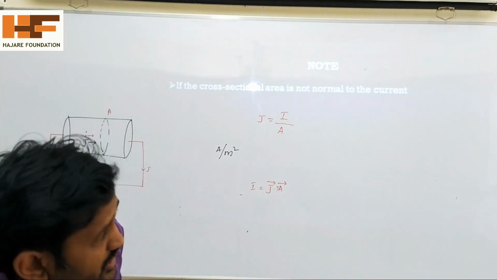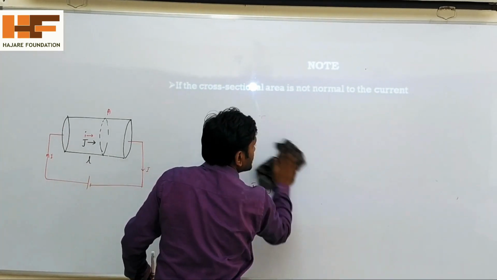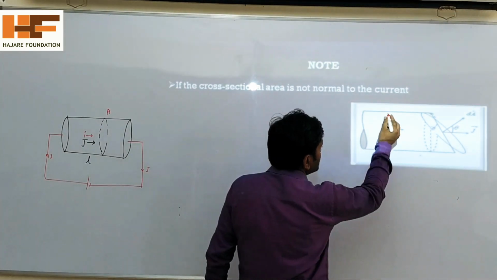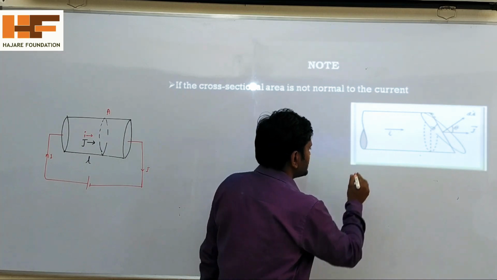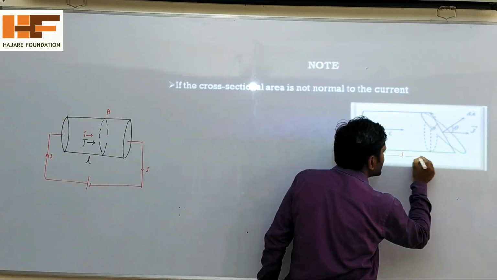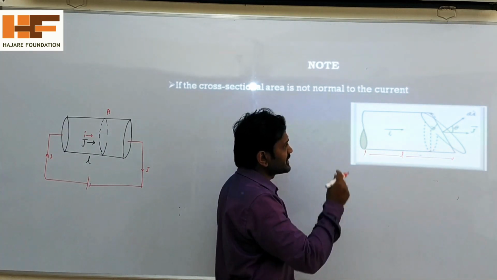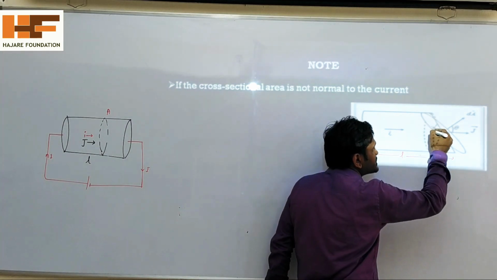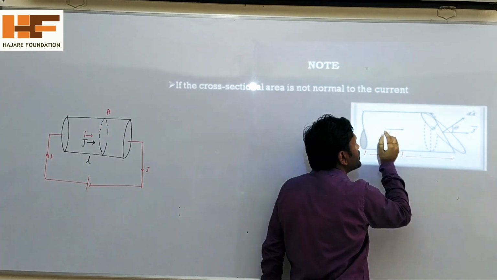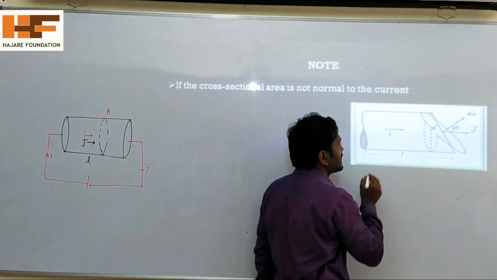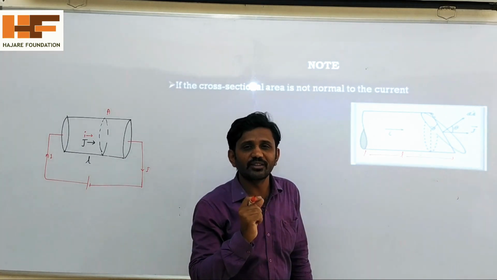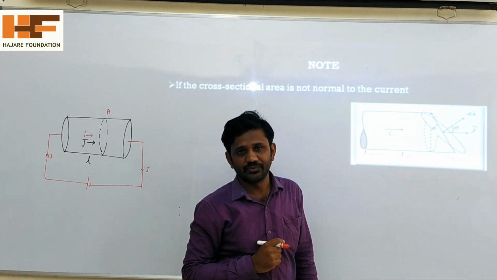See here, it is a conductor having a length L and a cross-sectional area A. This cross-sectional area is not normal to the direction of the electric current. In this situation, how can you find the current density?